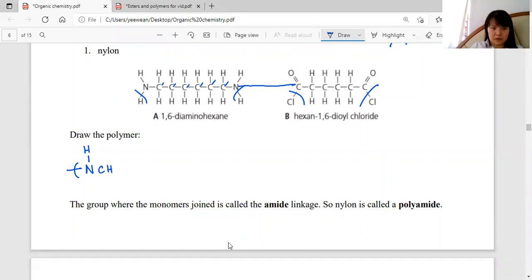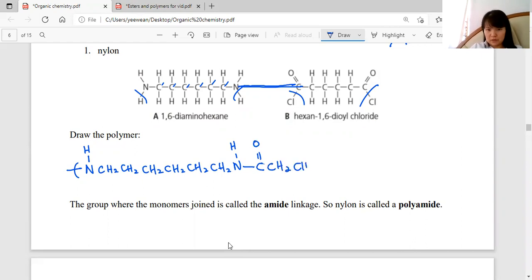So CH2, CH2, CH2. That's 3 of them. 4, 5, 6. And one of the H is taken out. This N is going to be connected to this carbon because the Cl has been taken out. And there's 4 CH2s.